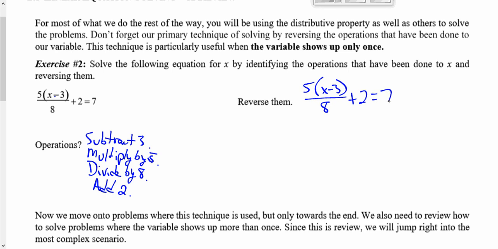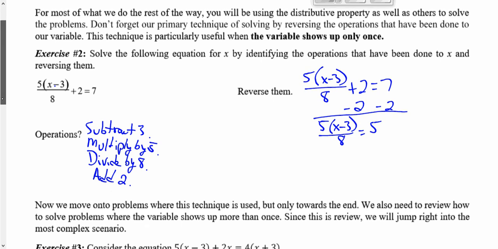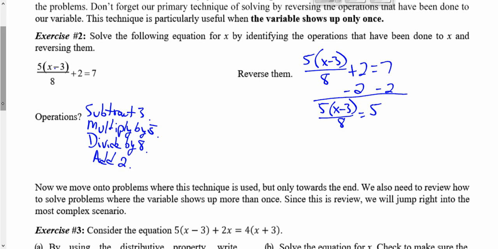All right? So, let's start out by doing what? Clean this up by subtracting the 2 from both sides, right? This is a balance beam. So we have 5 times (x minus 3) over 8 equals 5. Now what? Multiply by 8, both sides.